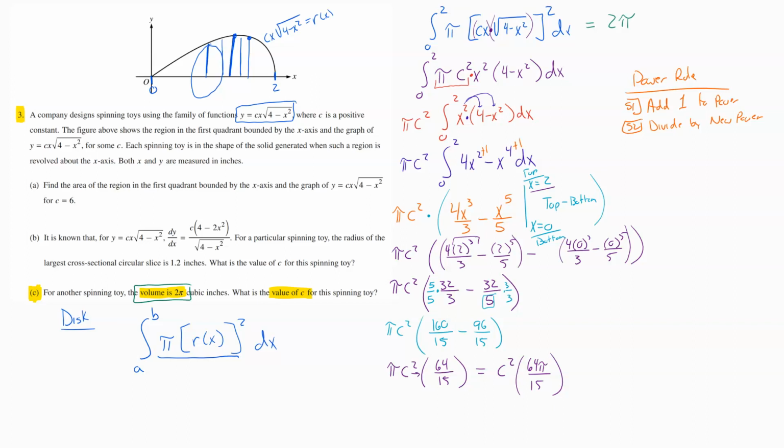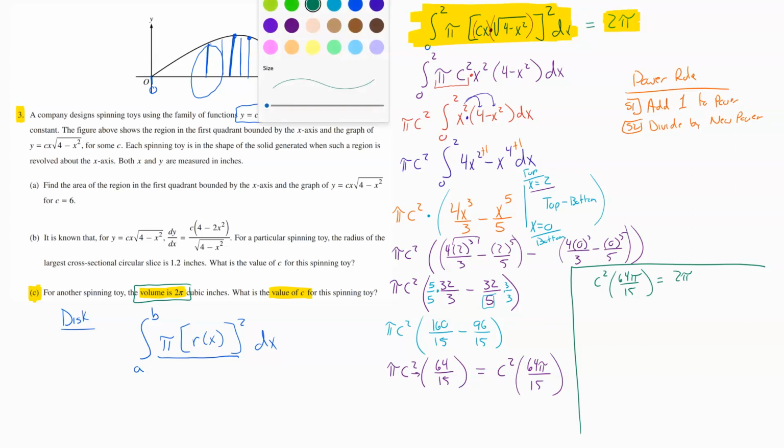So remember that was this half of our equals, that we found out what that was. And what we're trying to find is c when it equals 2 pi. So from there, we grab that 2 pi and bring it down below here. We'll move ourselves over and get a little bit more room to do some algebra. So we'd have c squared, 64 pi over 15, and we know that needs to equal 2 pi.